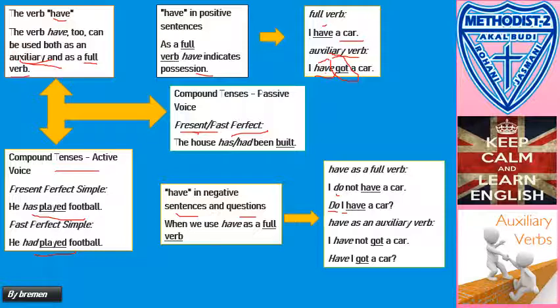Because "have" is a full verb. What is the difference with "have not got a car"? In "have not got a car", the function of "have" here is not like a full verb to show possession. No indication of possession here. Why? Because "have" here just helps "got", a helping verb, the function of the auxiliary verbs, helping "got" to function well.